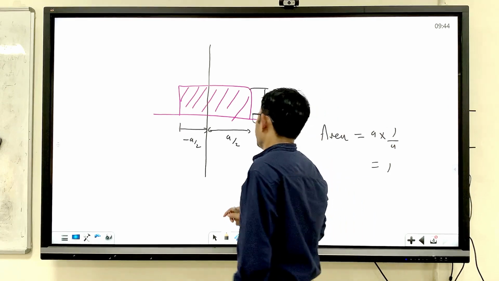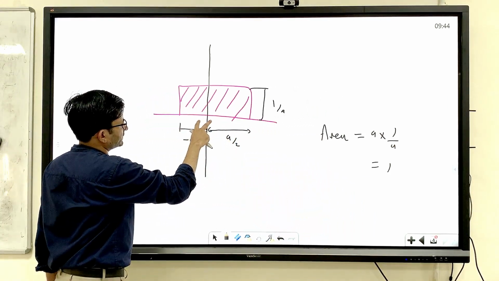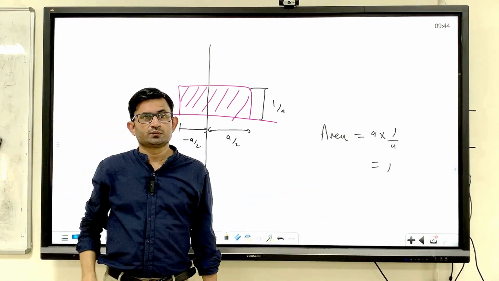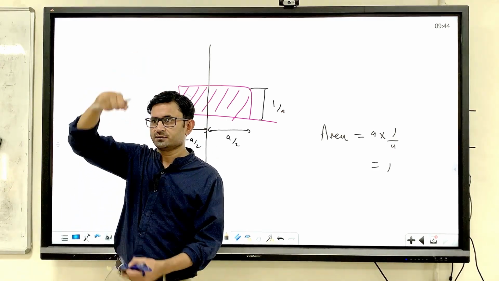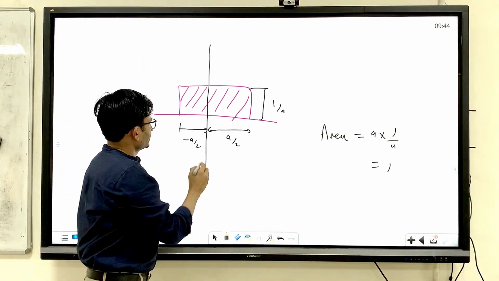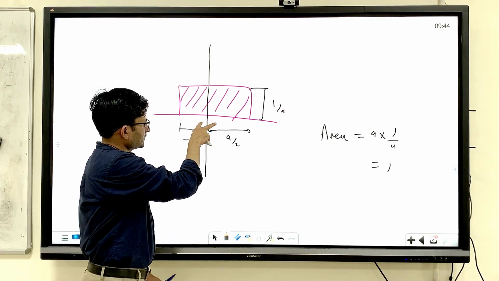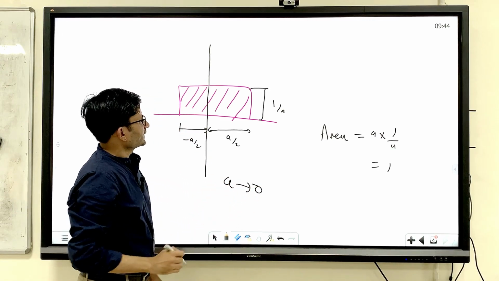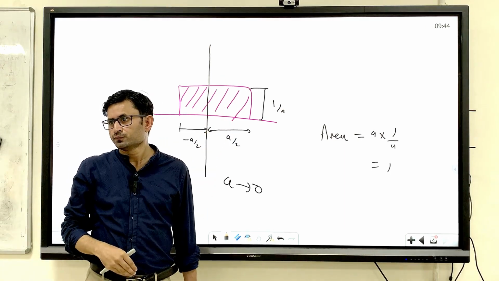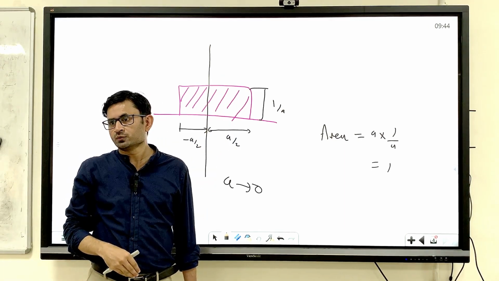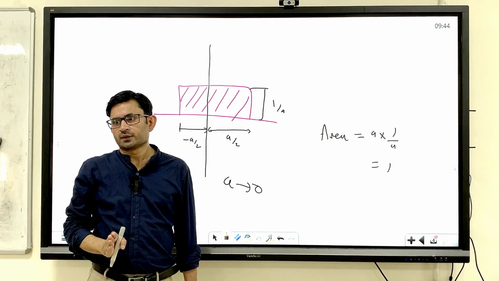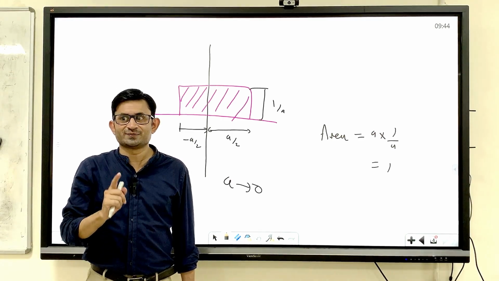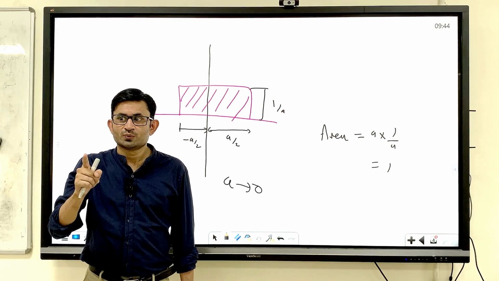Now if you reduce this width, in order to keep a unit area, what will you do? You will stretch this up, right? So if this width a tends to 0, then what is this height tending to? 1 into 0, 0.